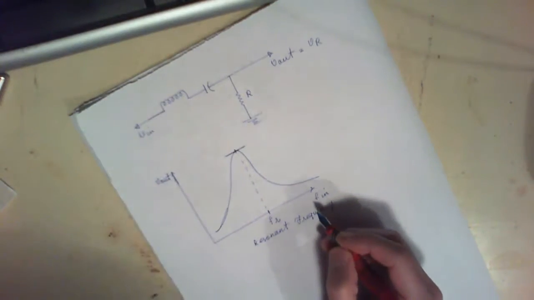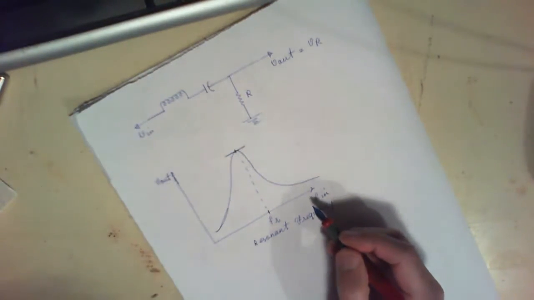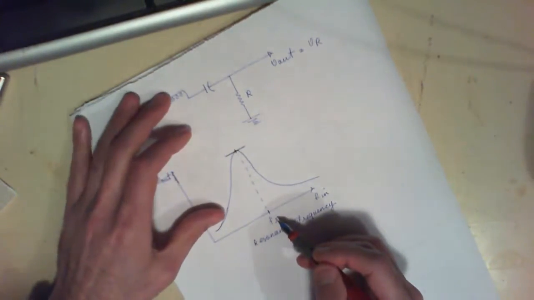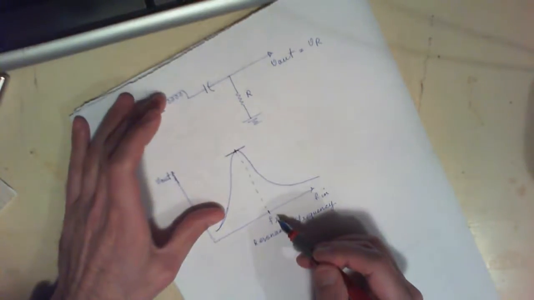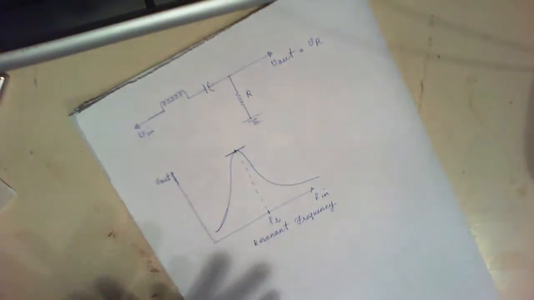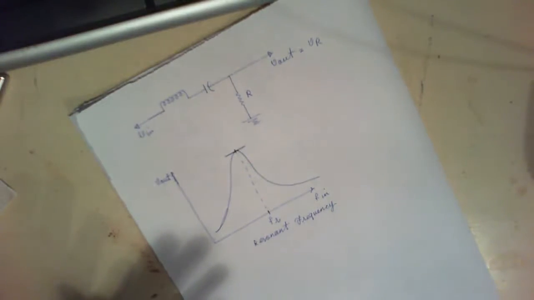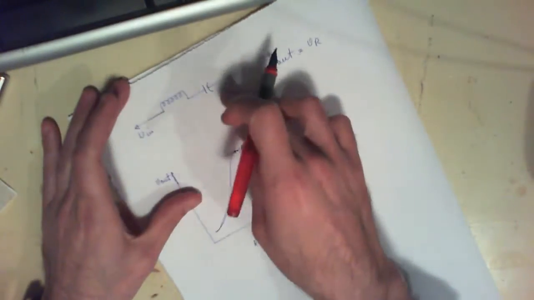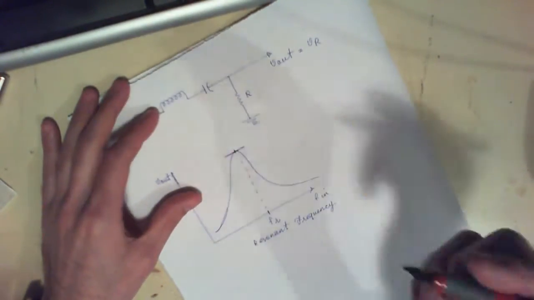And how that happens is actually interesting, meaning that you need to find the frequency for which the net reactance of these two components is going to be equal to 0.